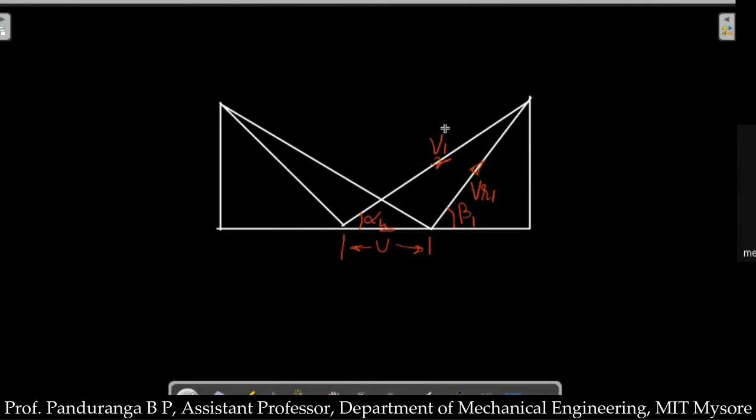Now, this absolute velocity v1 can be resolved into two components. One is the horizontal component and the other is the vertical component. If you remember, when you are dealing with forces, you resolve the force into vertical and horizontal components to add up to find the net force.